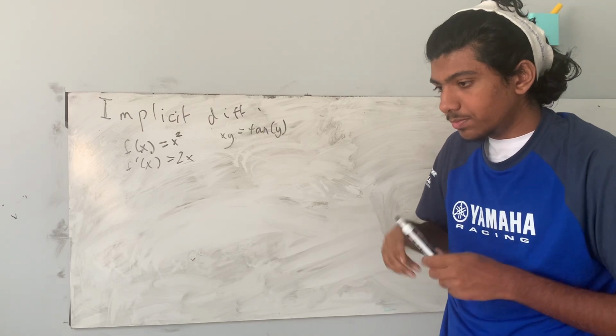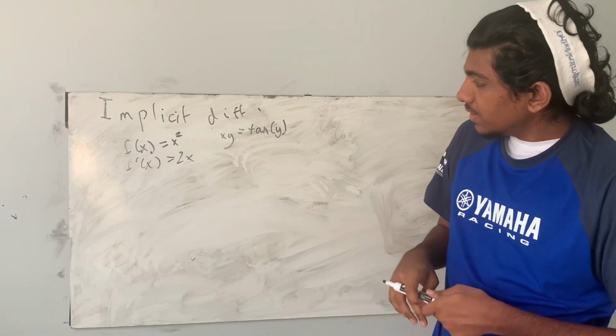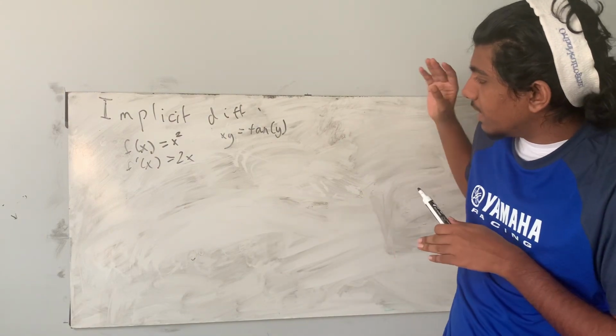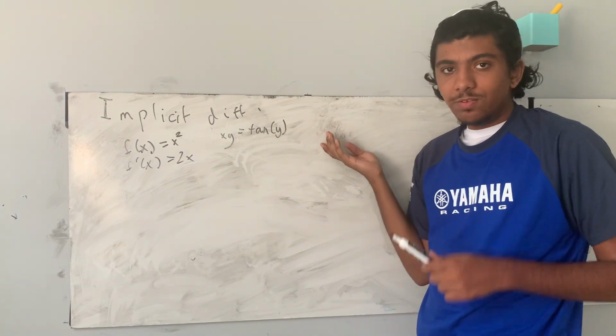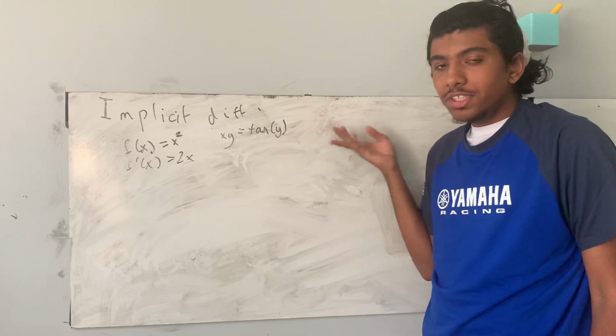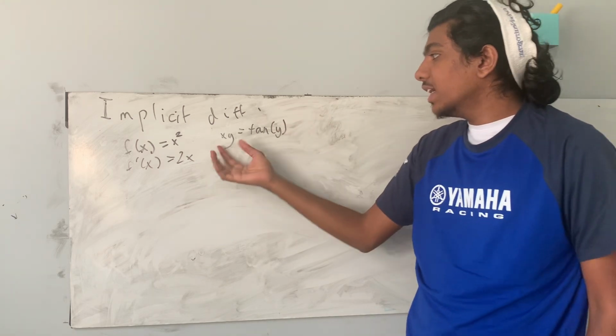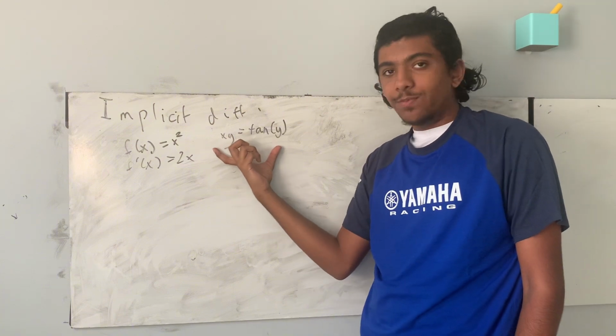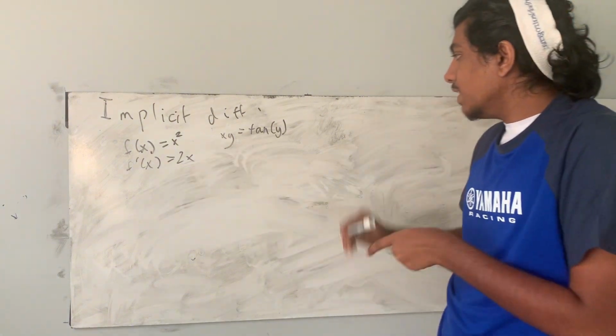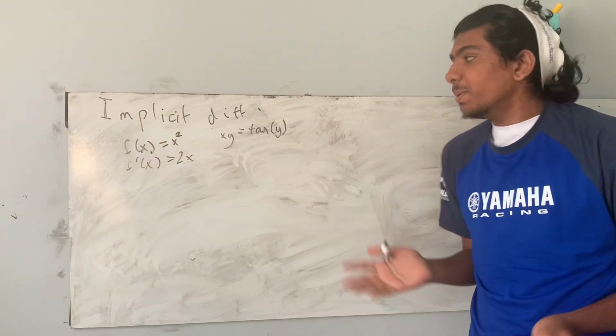So, to apply this, when they ask you to find dy dx, given an equation like this, they're asking how y changes with respect to x, given that x and y are related in this format, or any other format. So let me write down some examples.